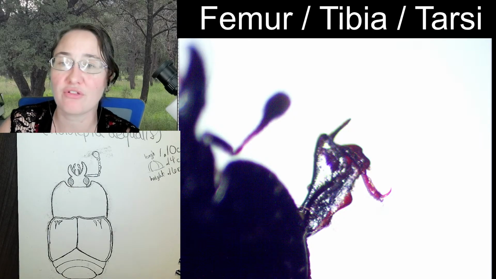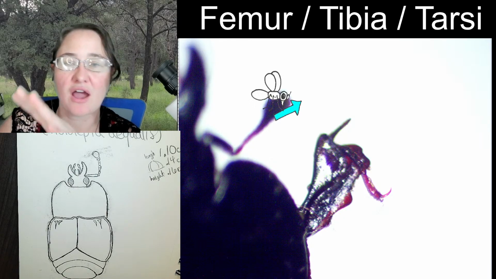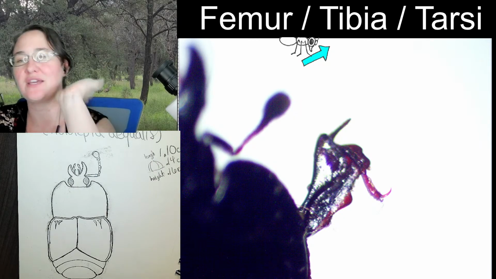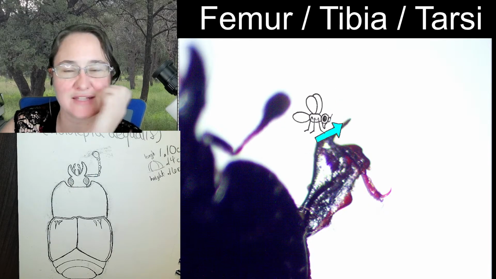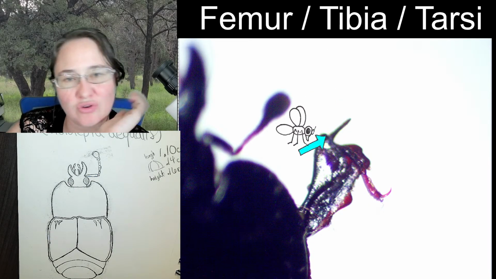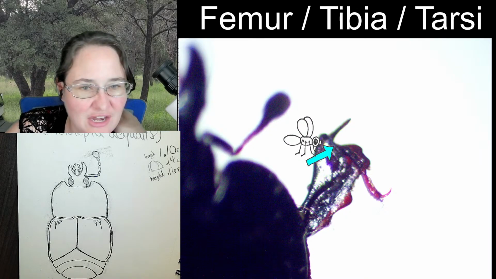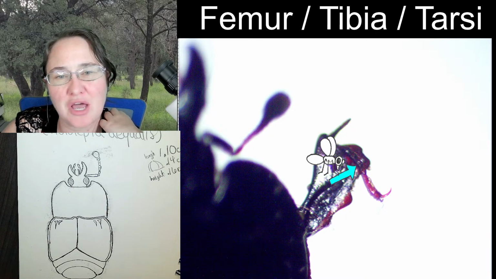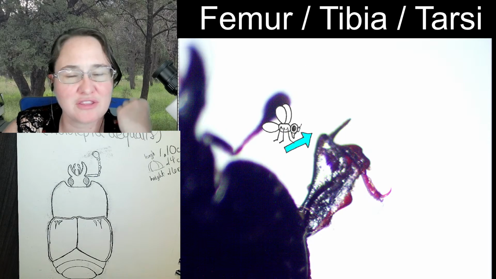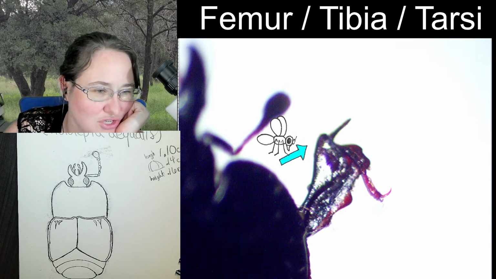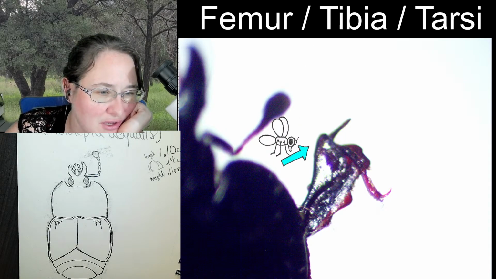Now, the other thing is that the tarsal segments are bent way up like this. So you've got the tibia here. Yes, that's a tibial spine. It is on a joint. It can kind of rotate. Then you have the tarsal segments. They're coming up and towards you, but we're going to draw them like they're going straight, because that's the direction they should be going. 1, 2, 3, 4, 5.